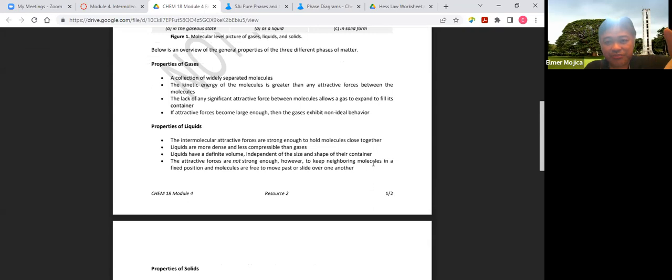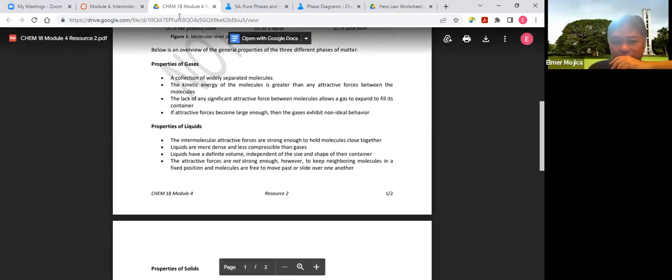It assumed the shape of the container. Bakit hindi na definite yung shape niya? Kasi they slide with one another because the attractive forces that they have is already less compared doon sa solid phase. Now, when you go to gas, not definite shape, not definite volume, because they're far away from one another.